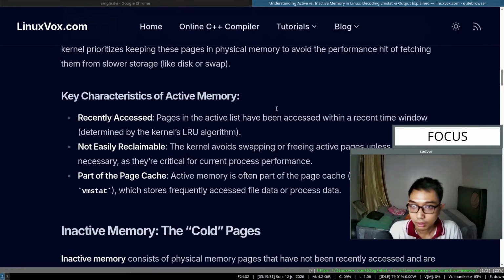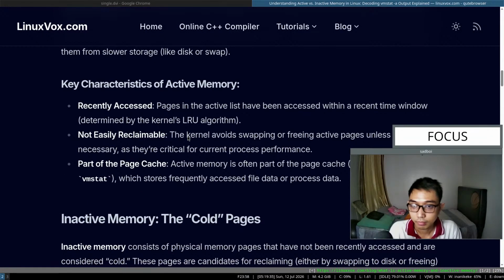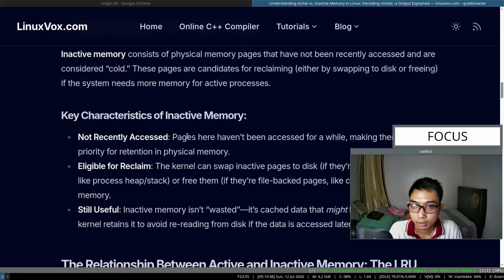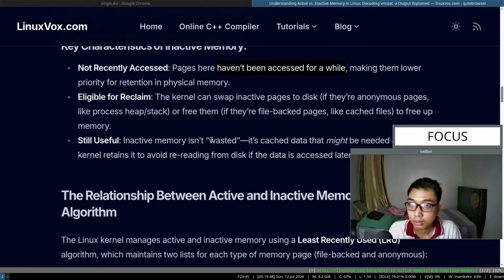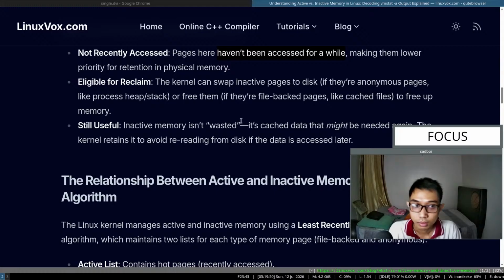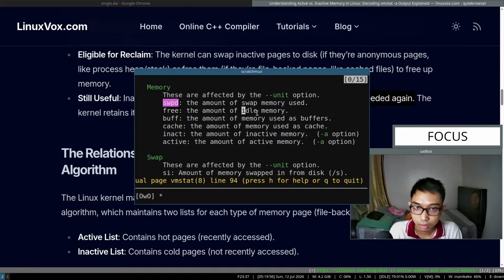So active is the recently accessed memory, and inactive is the memory that has not been accessed for a while and might be needed again.